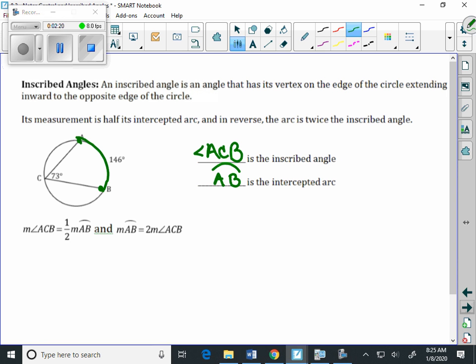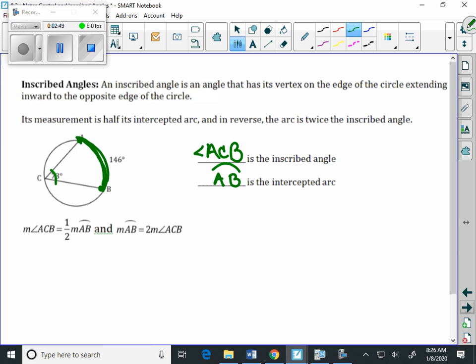Again, an inscribed angle has the vertex on the circle. A central angle has the vertex at the center. So central and center go together. The rule that I'll probably say many, many times today is that the measure of the inscribed angle is equal to half the measure of the intercepted arc.